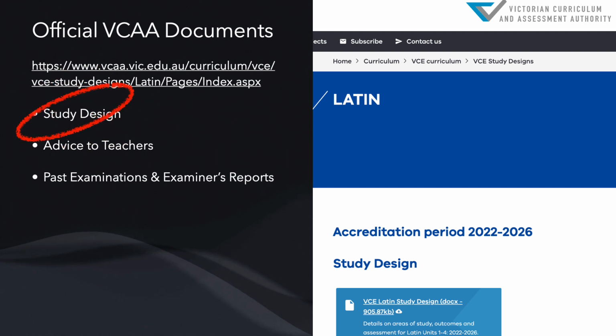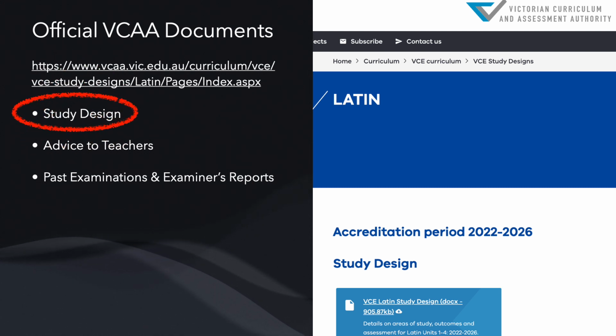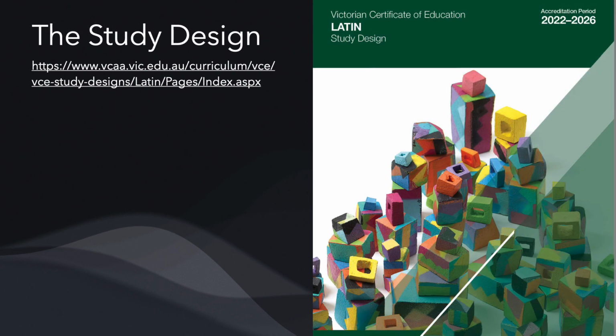We're really going to focus on the study design, but you can have a look at the other ones, particularly the past exams and exams reports. I'd recommend you get into them in Unit 4. So about halfway through the year, you should start to be really reading through them in a fair bit of detail.